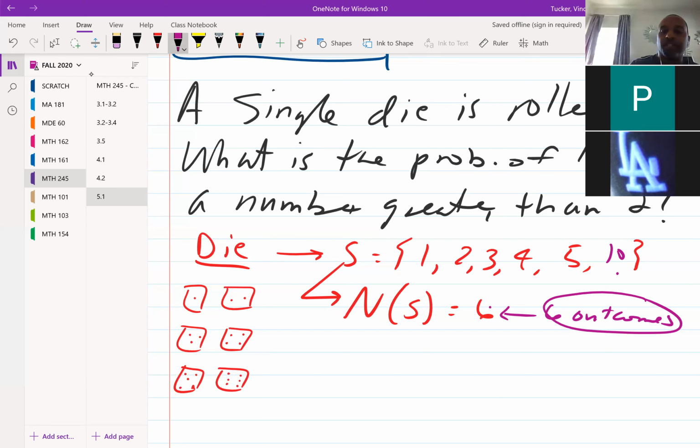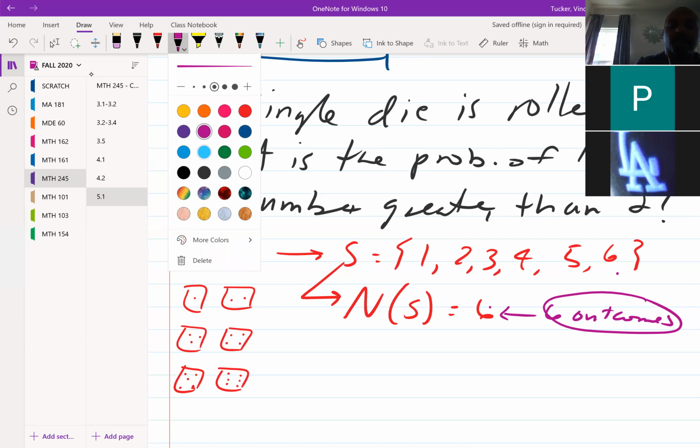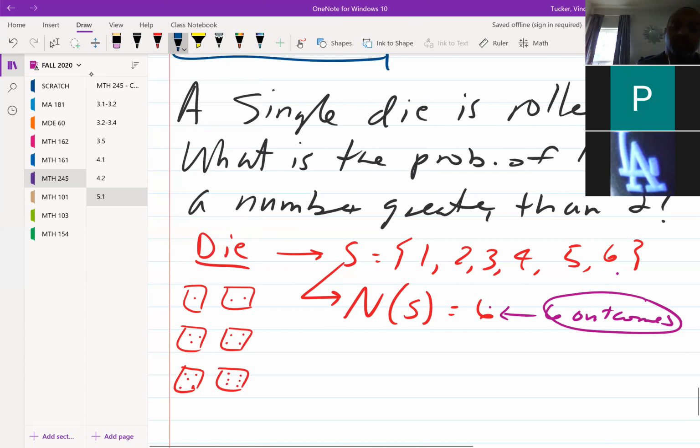Just because I end in a 6 doesn't mean my number of outcomes has to be 6. It's all about how many outcomes you have. That's the number of elements in your sample space. I can already see I missed it.